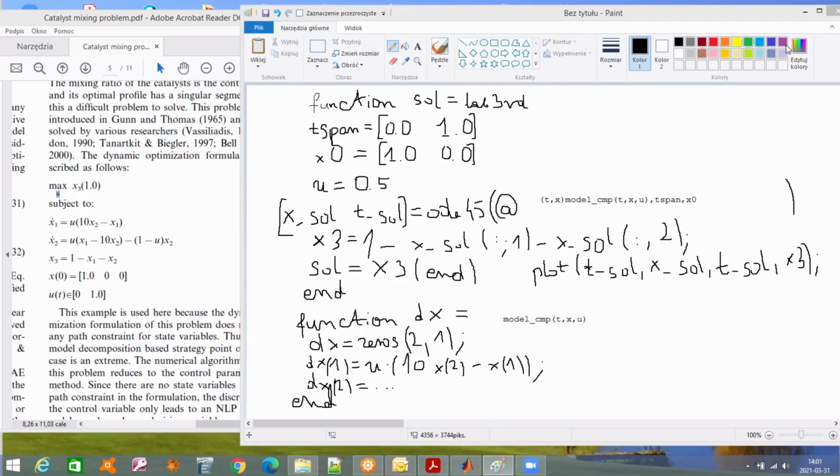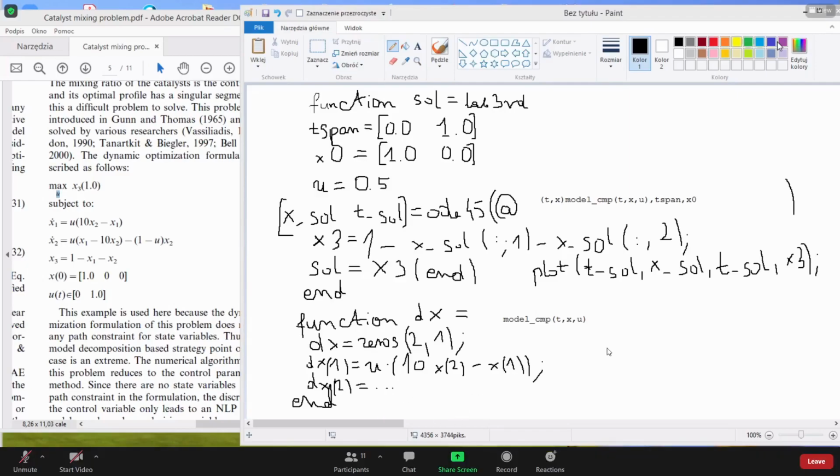So you can make a print screen of this. Okay, and try to implement it. And in 20 minutes, we can do it together in case of any problems.